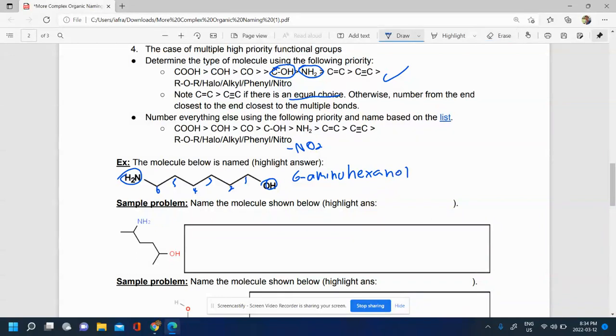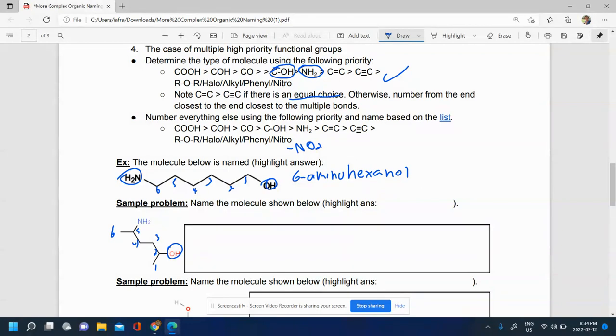Let's try this next one over here. So we need to figure out what type of molecule we're dealing with. It looks like we're dealing with an alcohol again. We want to get that one to have the higher priority, so lower number. So we'll start here. So 1, 2, 3, 4, 5, and 6. And so this is another molecule with a 6-carbon parent chain.